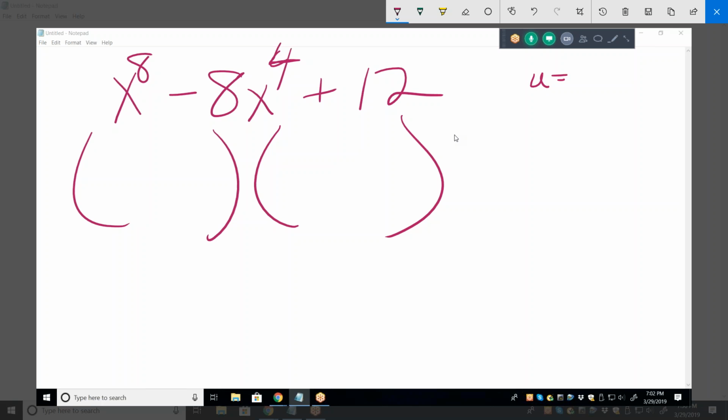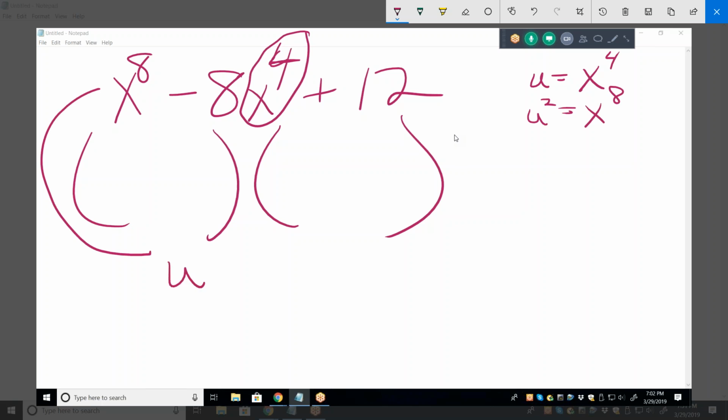So u would equal x to the 4th, which makes u squared equal to x to the 8th. So now this whole quadratic becomes u squared minus 8u plus 12.